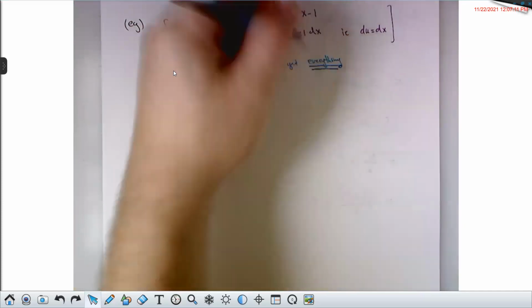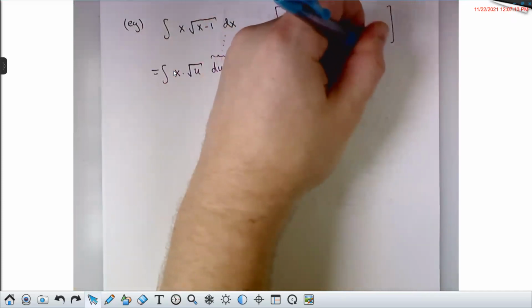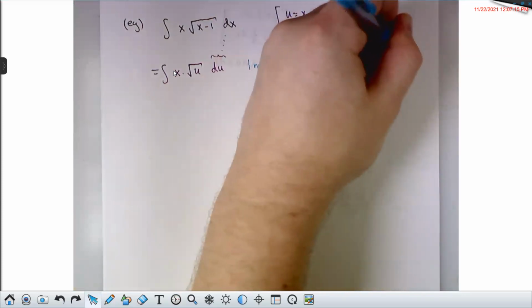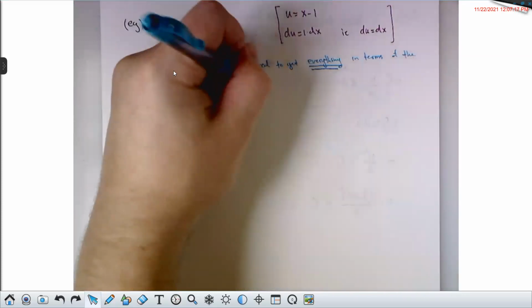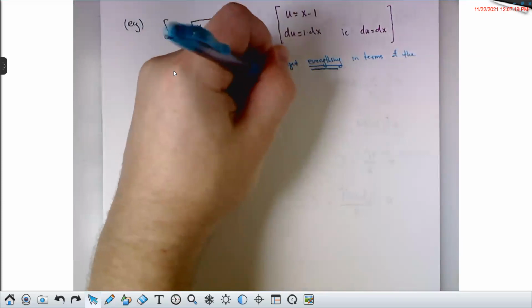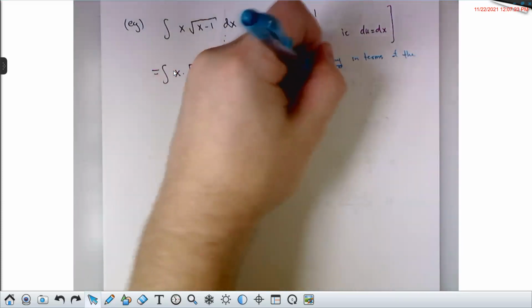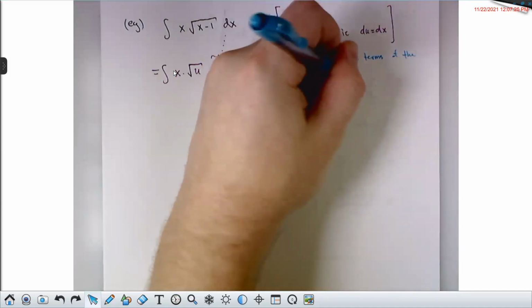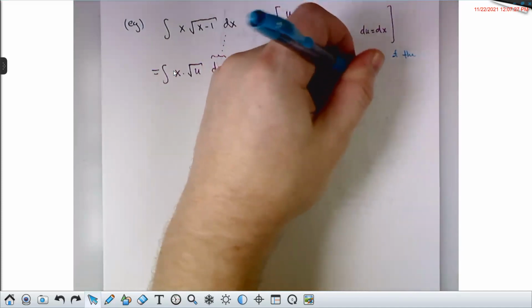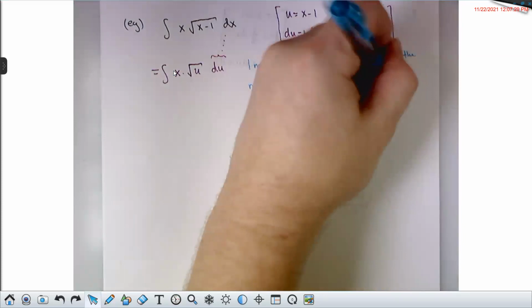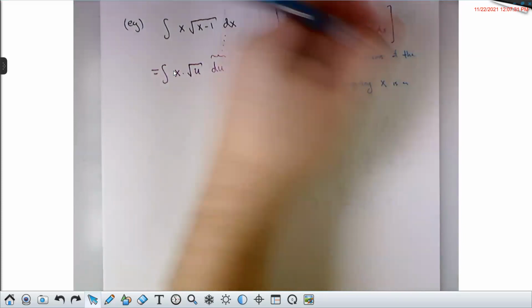Everything, double underline, in terms of a new variable. This lingering x is a problem.